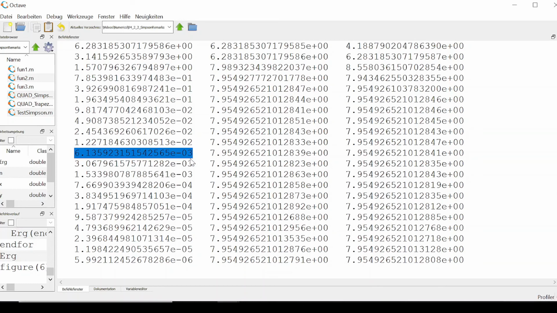What do you want? If the correct value is 7.9, then an accuracy of 10 to the -12 means that the result, which is a floating point number with 16 digits after the decimal point, has almost all digits correct. And so if you have h to the 4th power, or if you have h to the infinite power, that's no difference.